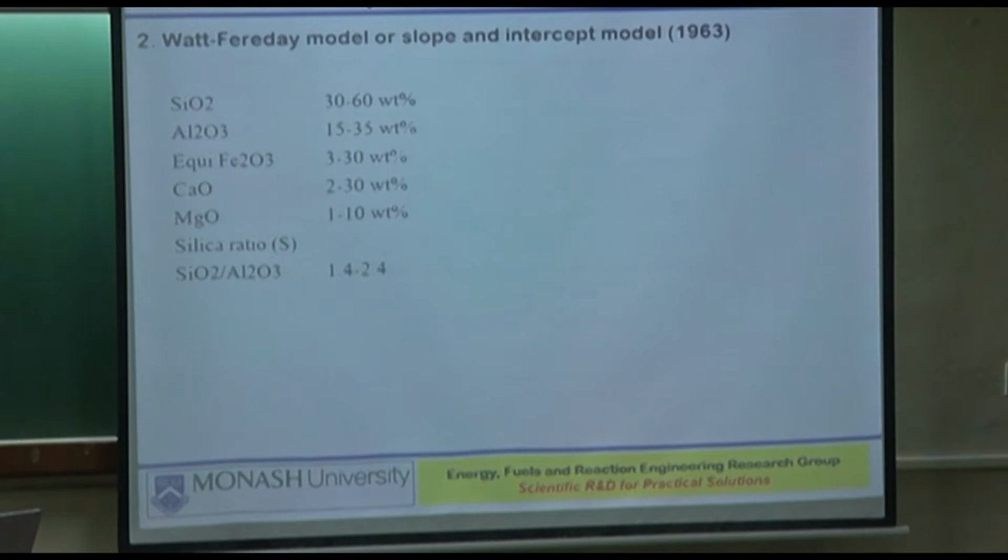And they also used a ratio, the weight ratio SiO2 over Al2O3, as an extra parameter that has to range between 1.4 and 2.4. So, say for example, if silicon dioxide is 35% and aluminum oxide is also 35%, then the first two criteria are satisfied, but this criterion will not be satisfied, so it will not be applicable.